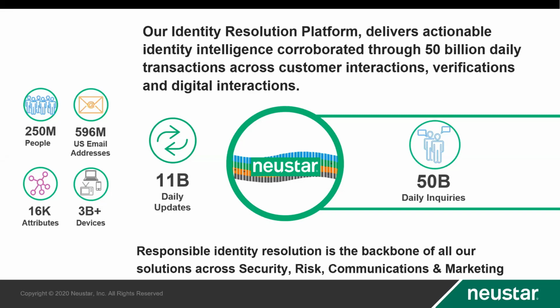And we have thousands of attributes, mostly demographic and behavior attributes, that we tie all these entities together with and keep up to date and accurate. All of that feeds into the analytical platform that we provide to our clients.